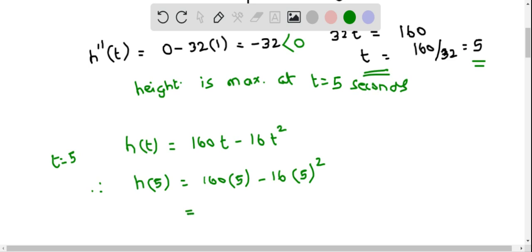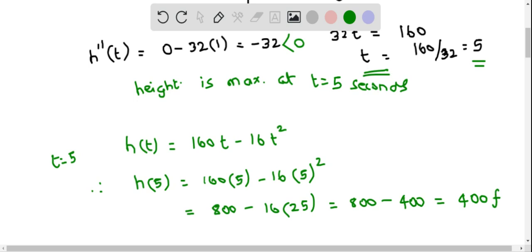And so this gives 160 times 5 is 800, minus 16 times 5 squared, which is 25. So this equals 800 minus 16 times 25, which is 400. And so this equals 800 minus 400, which is 400, and this is in feet. So we see that the maximum height is 400 feet, and therefore answer choice B is correct.